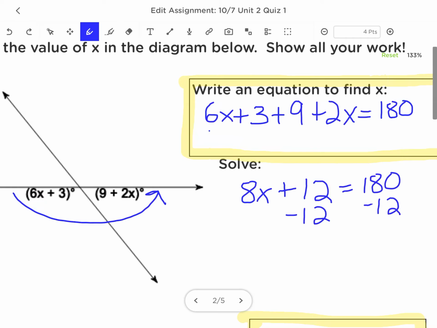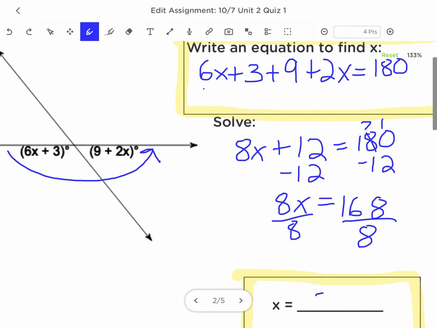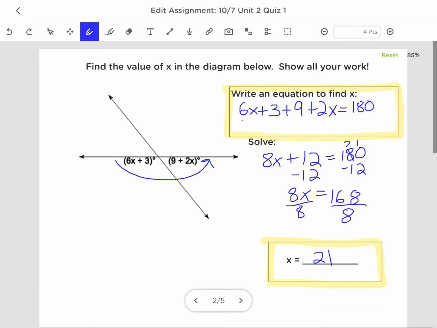If we subtract 12 from both sides, then we get 8x is equal to 168. Then if we divide by 8, 8 goes into 16 twice, and 8 goes into itself once. So x is 21.